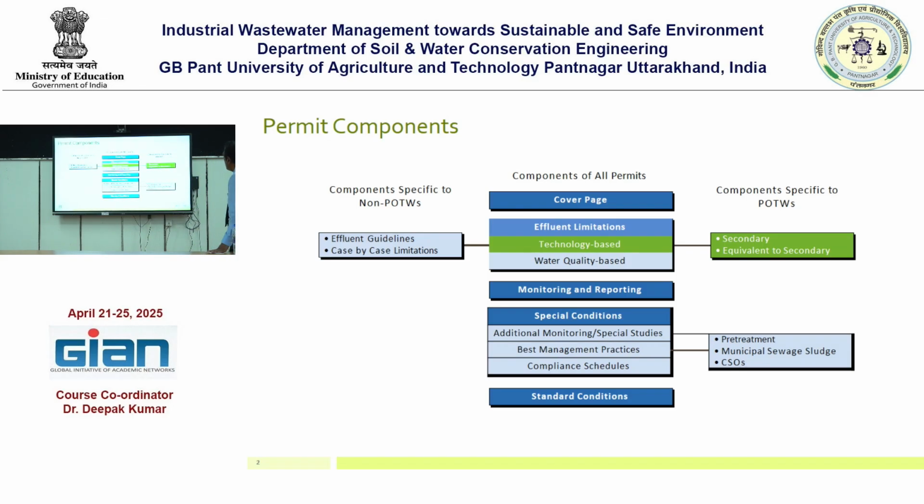And what are the various components? Effluent limitation, technology based, water quality based. There are certain technologies implemented for taking care of the wastewater. In certain cases, you are not sure about the technology because for certain pollutants it is not well developed. There are certain cases I have dealt with where you don't have an available technology to treat it to that level.